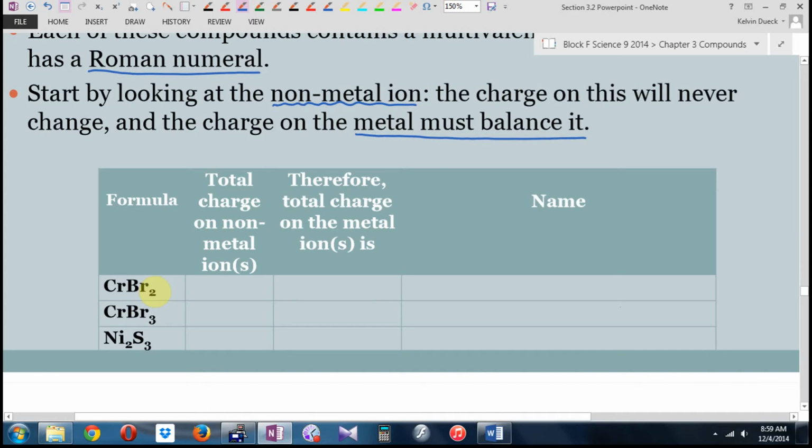How many bromines are there in this molecule? 2. So what's the total minus charge that I have? See it? It's 2 1 minuses. Tough to see, but 2 1 minuses. So for this to be balanced, what does chromium have to have as its charge?